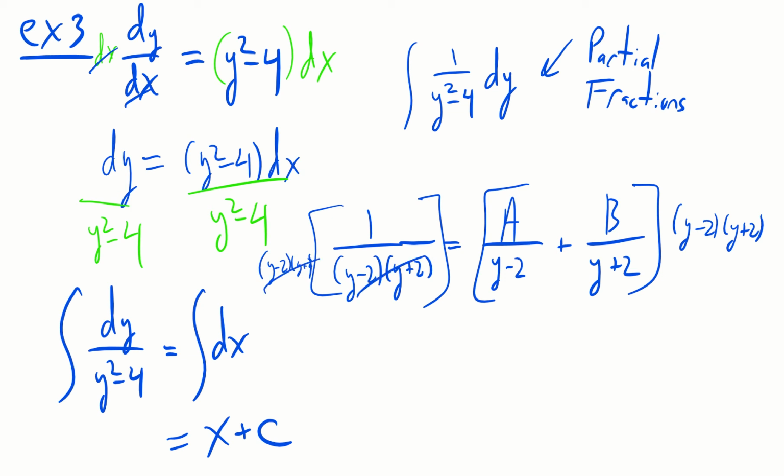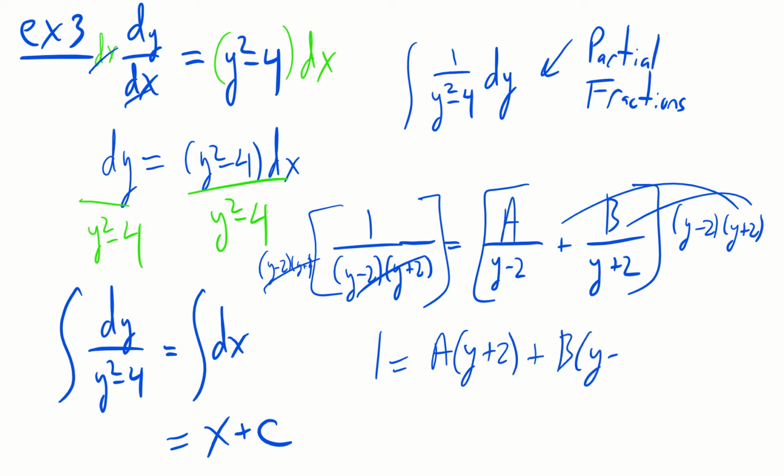On the left-hand side we get 1, and on the right-hand side after we distribute you should get a times y plus 2 plus b times y minus 2.